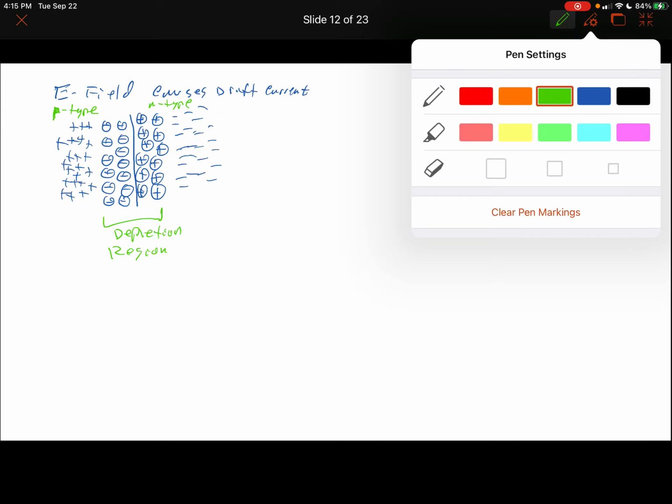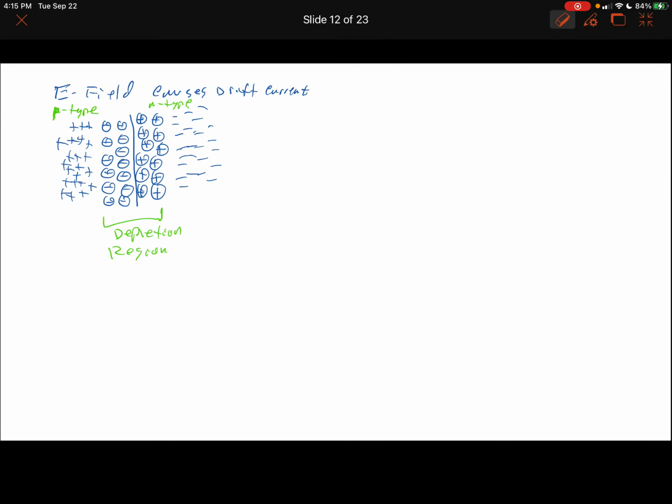We've got this depletion region of fixed charges, which there's really very, very few free carriers in there. But there's a big field.